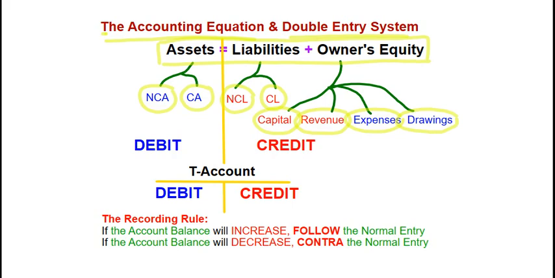Now, let's try to understand what is debit and what is credit. It's very simple. Debit is the left side of the equation. Anything on the left side of the equation will always be debit. So we are talking about the normal entry.